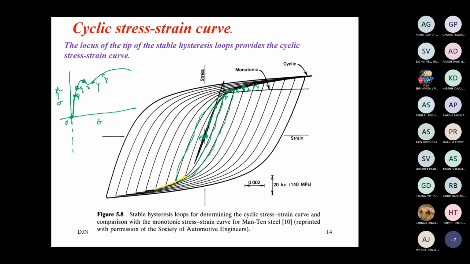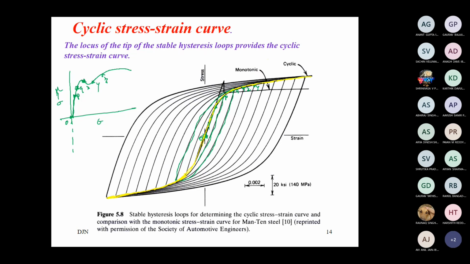Connect the tips of the hysteresis loops, what I am marking with yellow color here now. Tips of all the hysteresis loops. Either side you can do this, tension side as well as the compression side. I am marking here with the yellow color. Connect the tips of the hysteresis loops.